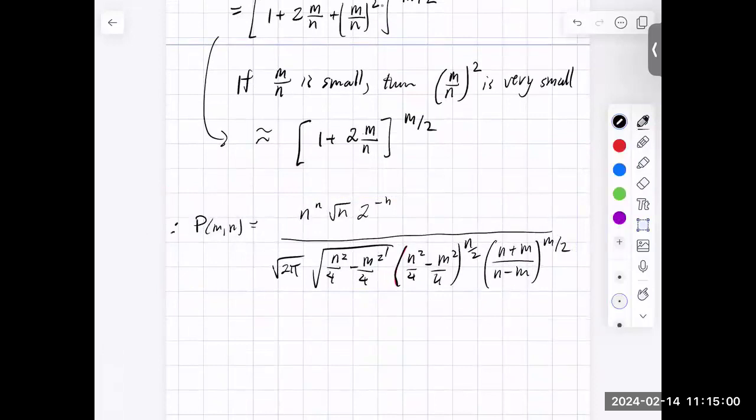So therefore, our probability is approximately, what did we work on? We worked on this thing right here. So I'm going to erase that and replace it with 1 plus 2m over n to the m over 2.